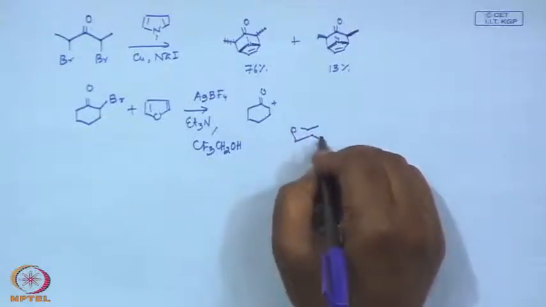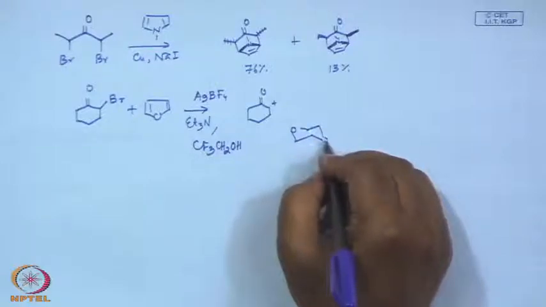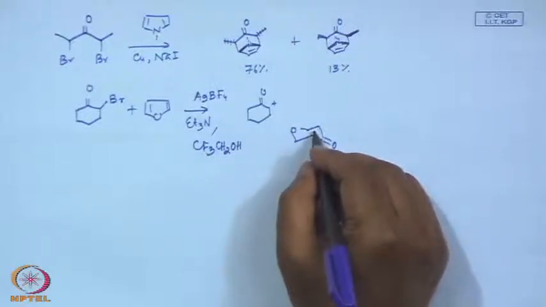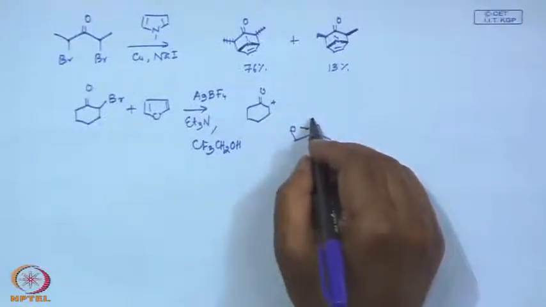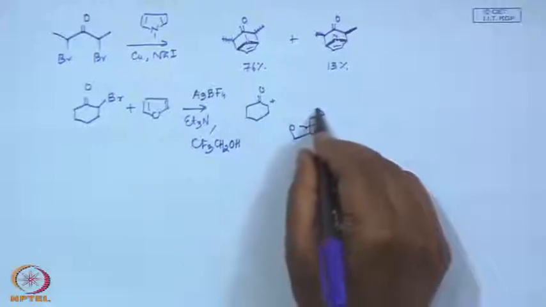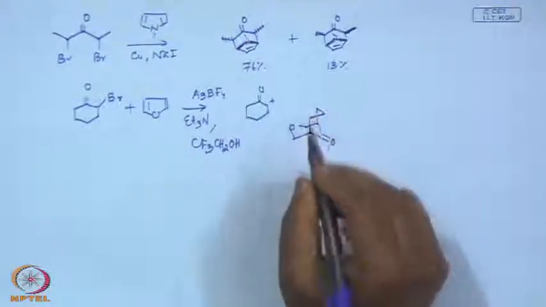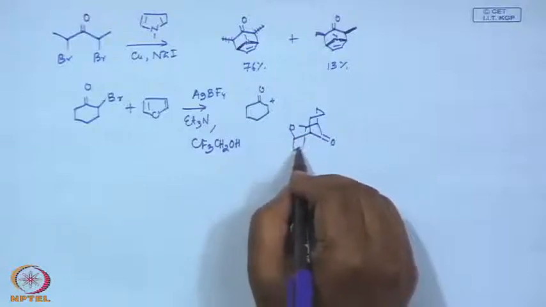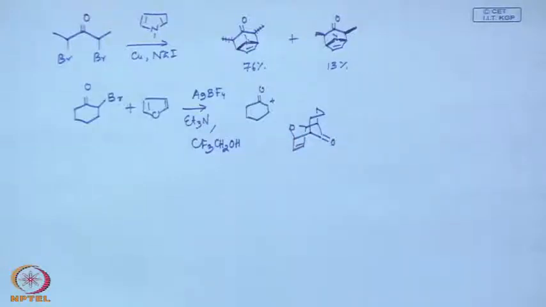And the reaction proceeds to give, once again, this portion is the cyclohexanone portion, and this other portion is the furan portion. So, you get a nice architecture of an organic molecule.